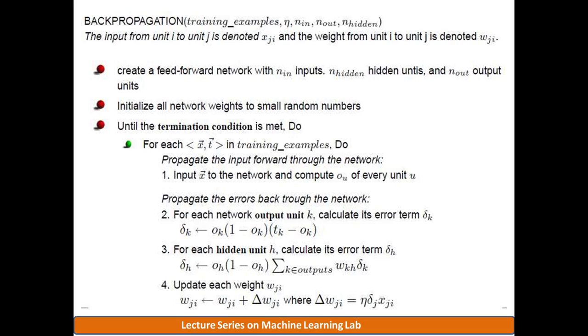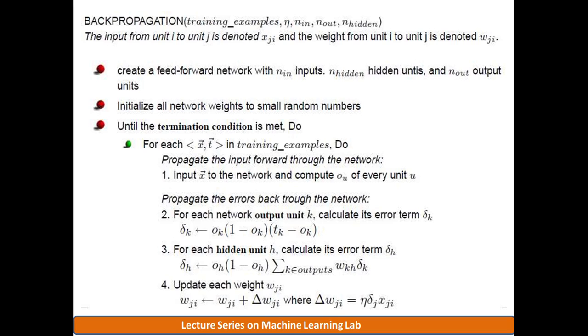Now here we are using ok into 1 minus ok, which indicates that we are using sigmoid units, and the derivative of the sigmoid unit is again a sigmoid. So sigma dash of y is equal to sigma y into 1 minus sigma y.